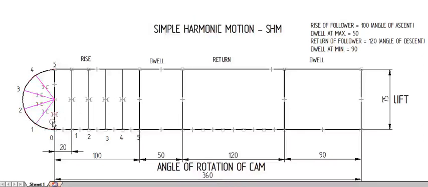Now construct horizontal lines from each point on the semicircle meeting the vertical lines. I am starting from 1, meeting the vertical line of 1.